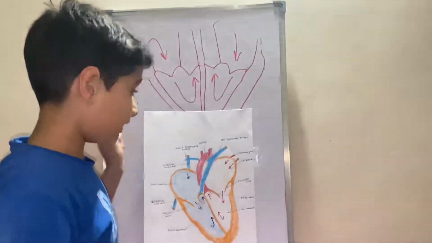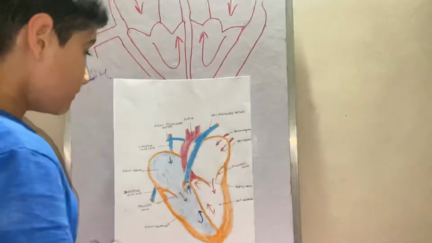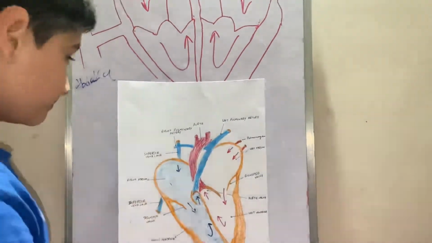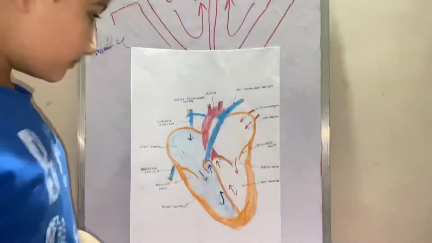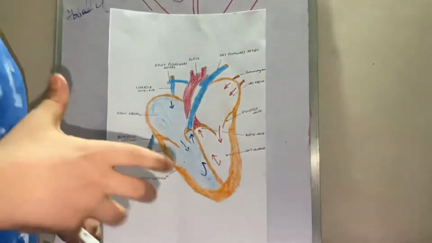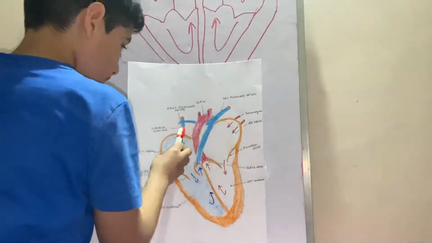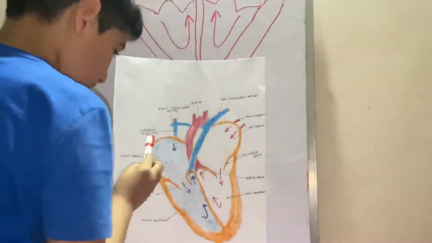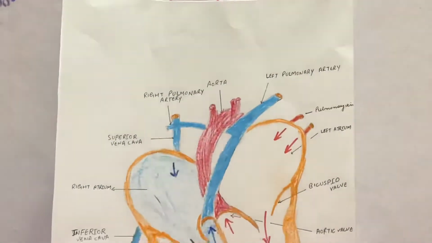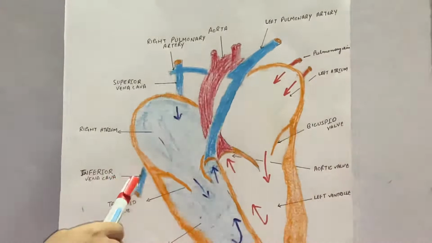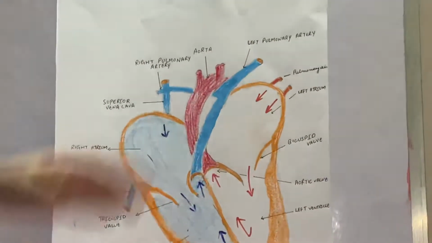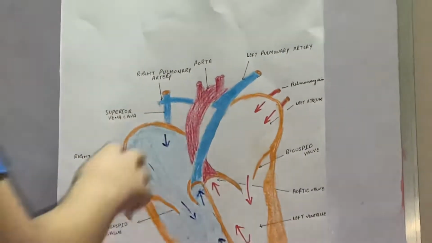Now let's dig deep into the heart. This is the heart. Actually, the heart pumps the blood. This is the superior vena cava, and this is the inferior vena cava. What do they do?